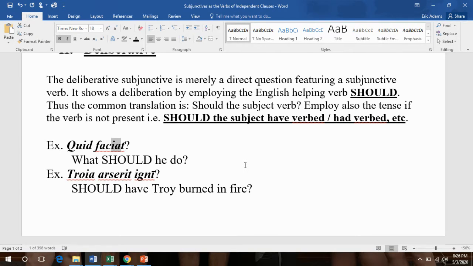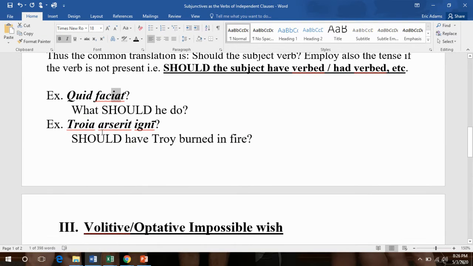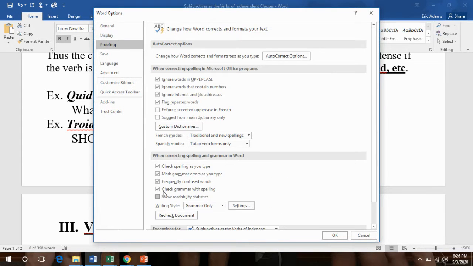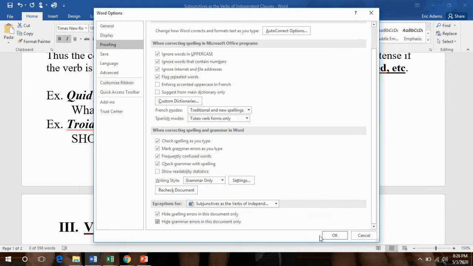Here, also from the Aeneid, book 2, when Aeneas gets very angry at Helen, Troia arserit, which is from ardeo ardere arsi, which means to, of course, burn. It is a perfect subjunctive with a perfect stem and a perfect subjunctive ending. Let's go ahead while we're at it and get rid of all of those spelling issues.